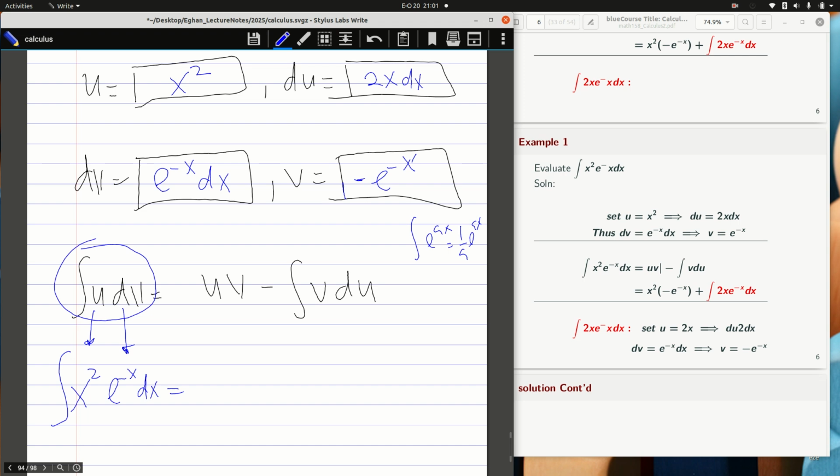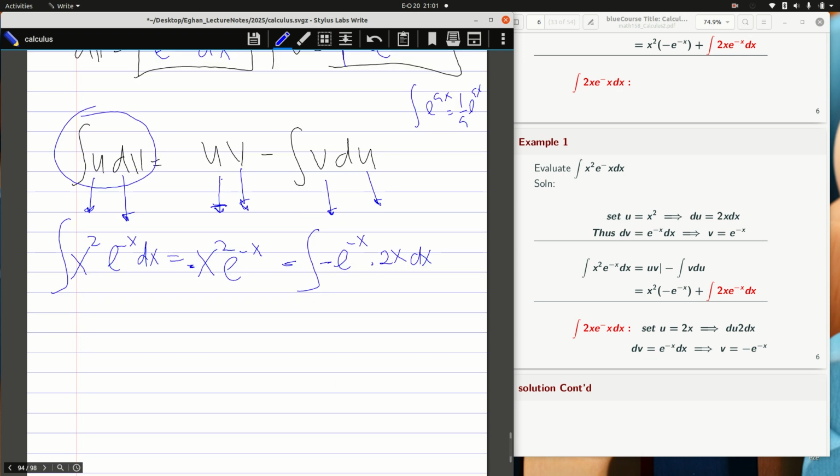The important things are the other parts. u is x squared, v is negative e to the negative x, minus the integral of v du, where v is negative e to the negative x and du was 2x dx. If you don't take time to pick these things right, you might not even get to see the repetition.